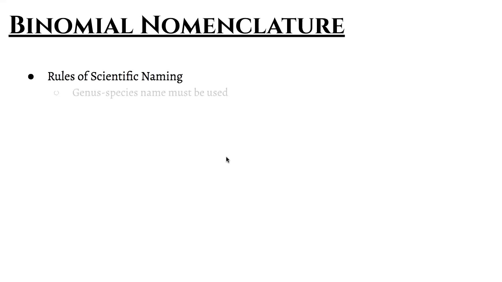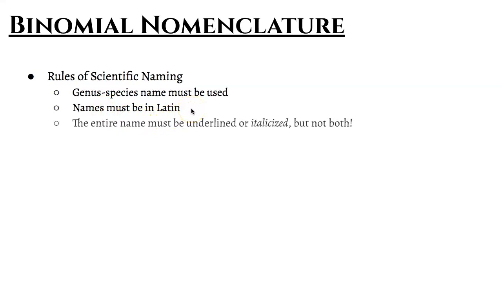Number 1, the genus species name must be used. In other words, for the scientific name, it has to be the genus first and then the species second. That's how you write it out as well. Number 2, the names must be in Latin. Number 3, the entire name must either be underlined or italicized when it's written, but never both.